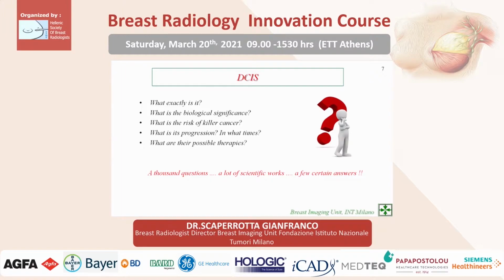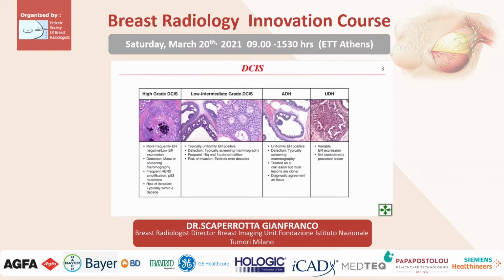What is the progression, and in what time? What are the possible therapies? These are open questions, because DCIS is a particular disease, different from normal killer cancer. There are 1,000 questions and a lot of scientific work, but today few certain answers.